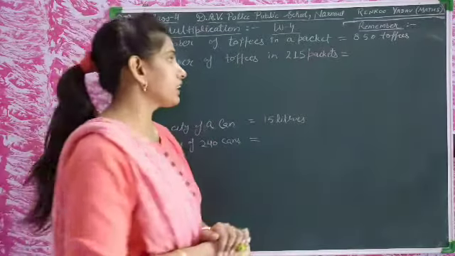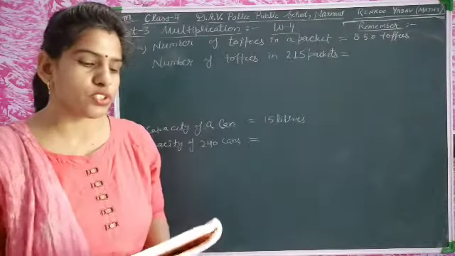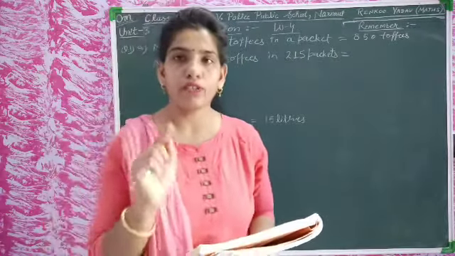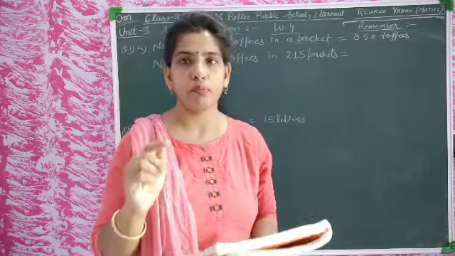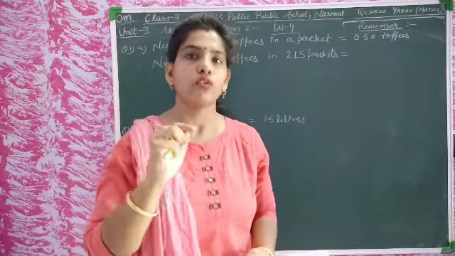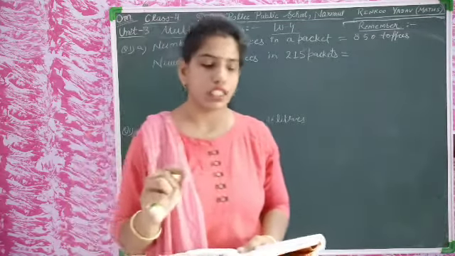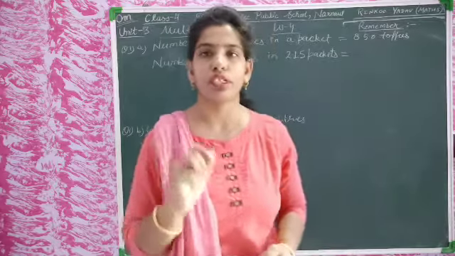Let's see. There is the first question of worksheet 4. There are 850 toffees in a packet. There is a packet and in this packet there are 850 toffees. How many toffees are there in 215 packets?